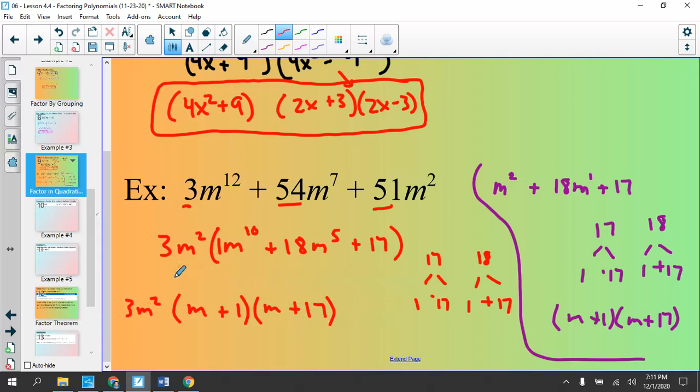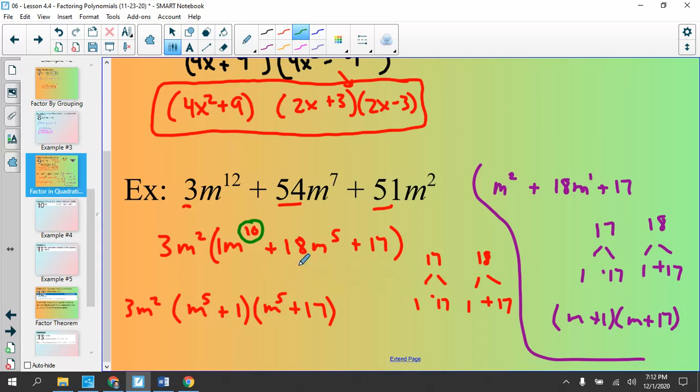But before I circle my answer, I say, wait a minute, hold on. This was a 10th degree, unlike the quadratic factor. So I just need to make sure that these must have been m to the 5ths. And the quick check would be to re-FOIL this in your head. If I were to re-FOIL this, m to the 5th times m to the 5th, I need to get back to m to the 10th. And then I'm going to end up with a 17m to the 5th plus a 1m to the 5th.